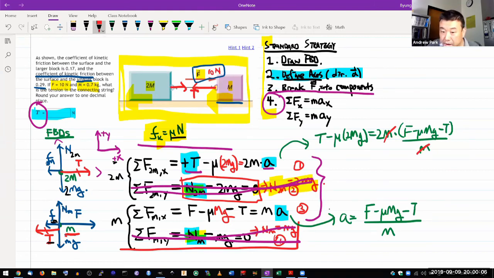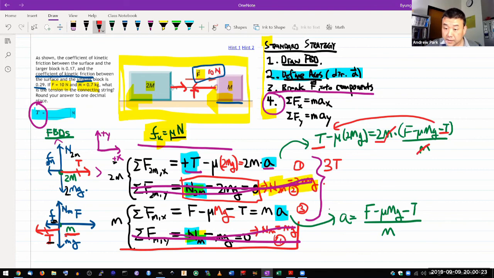Looks like I need to solve for tension here. I have T, and I have minus 2T. So imagine collecting them all on the left-hand side. I have 3T, adding plus 2T to both sides.